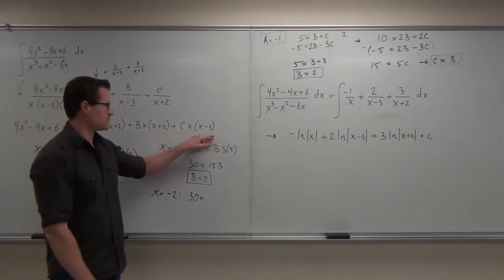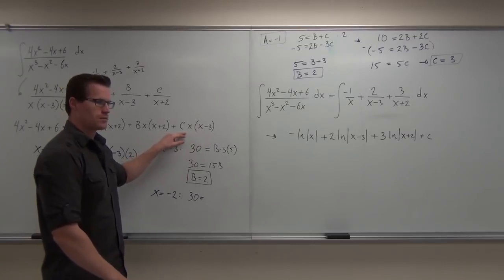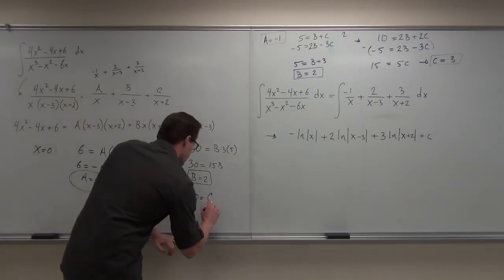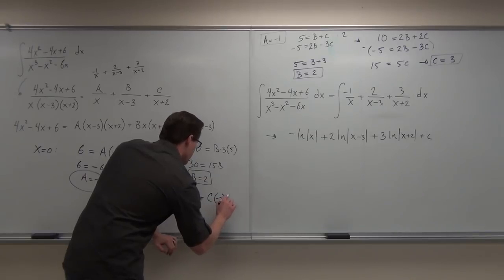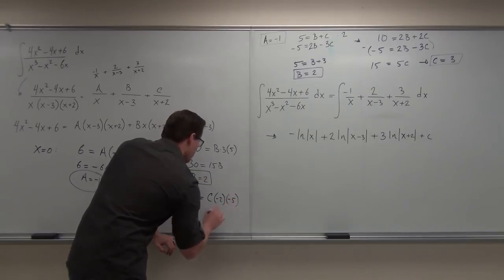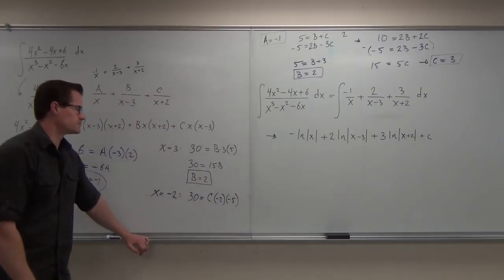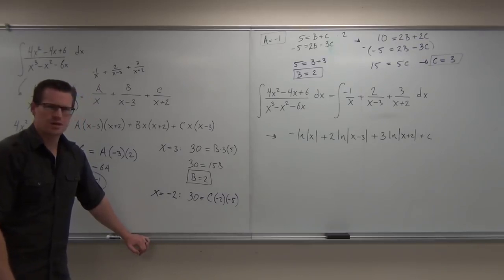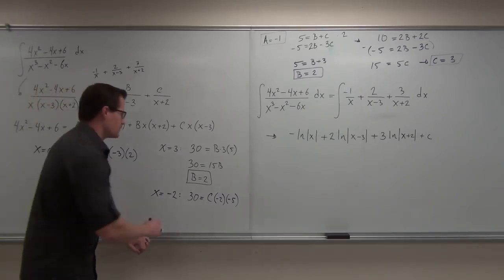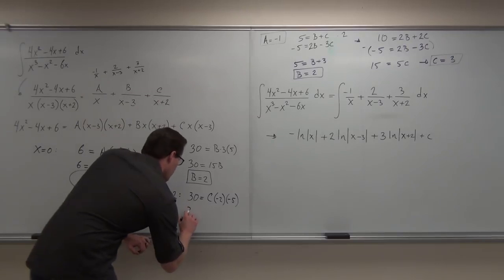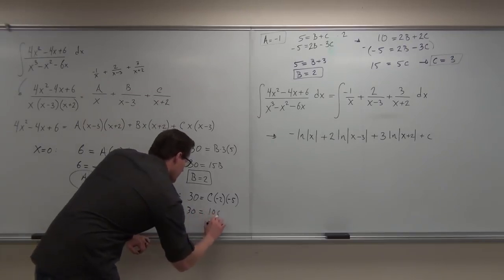What happens to this term? -5. You get a C, you get a -2, and you get a -5. See where the numbers came from? Plug in that -2. Well, then we got 30 equals positive 10C, or C equals 3.